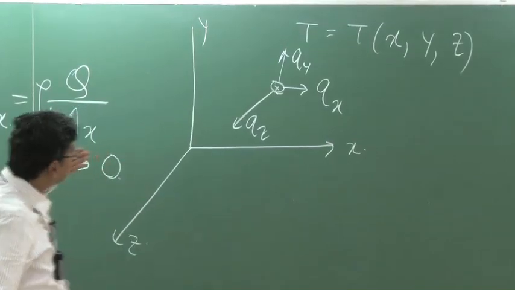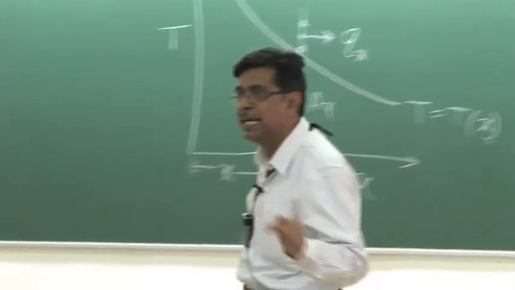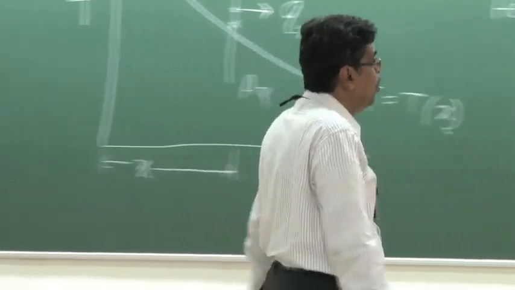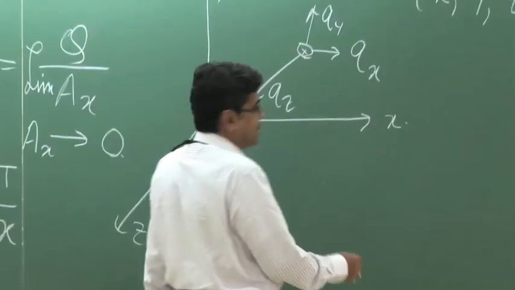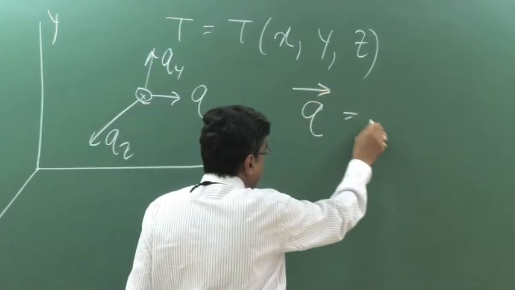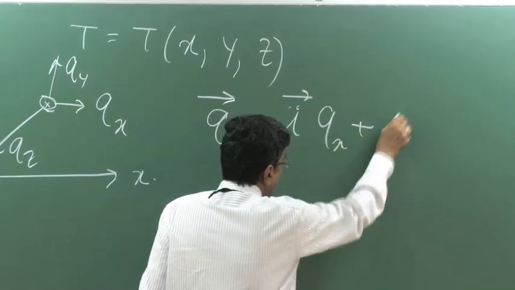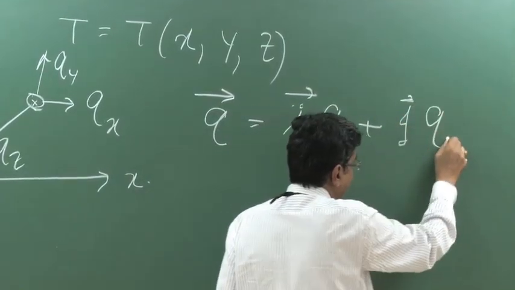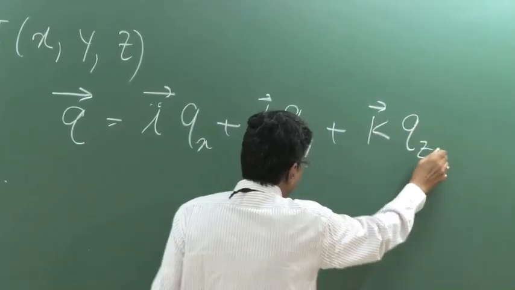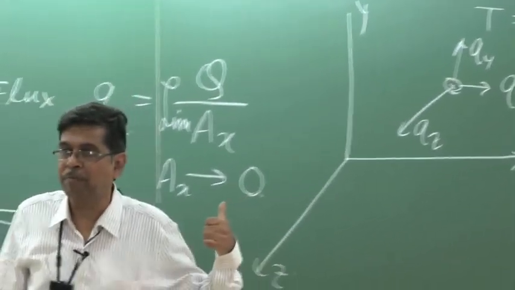That means these are the respective heat flow per unit area normal to that direction, the limiting value as the area tends to 0. And in that case, Q is represented as a vector, Qx i plus Qy j plus Qz k, where i, j, k are the unit vectors along x, y, z directions with respect to a Cartesian frame.